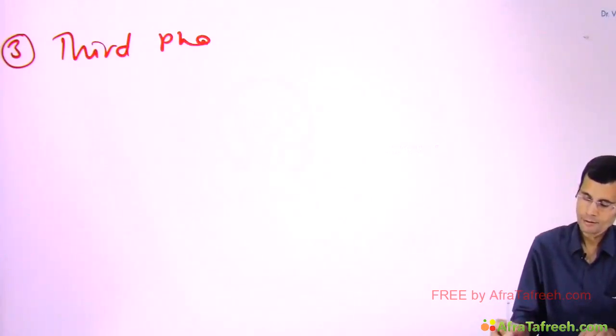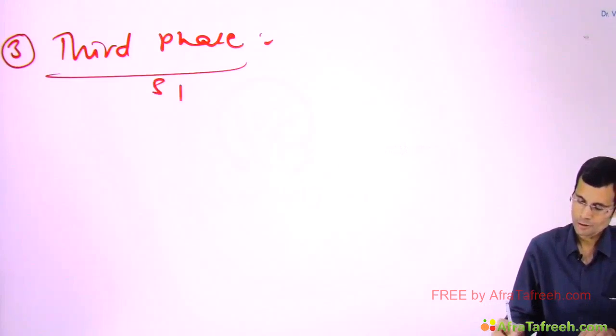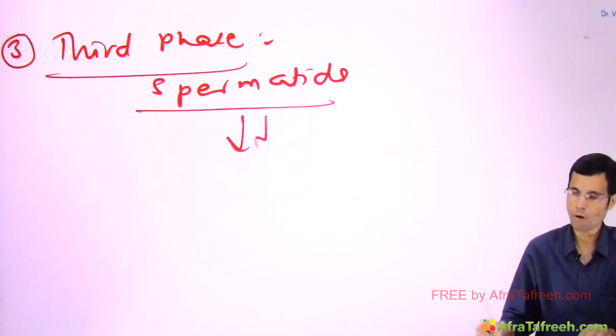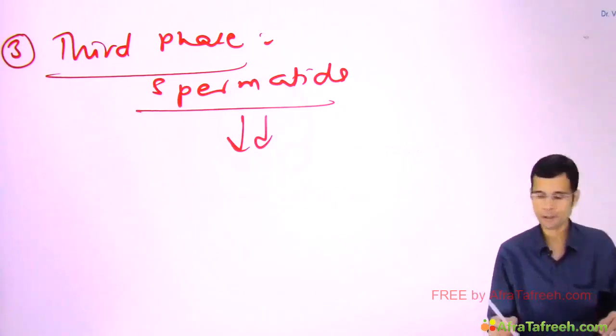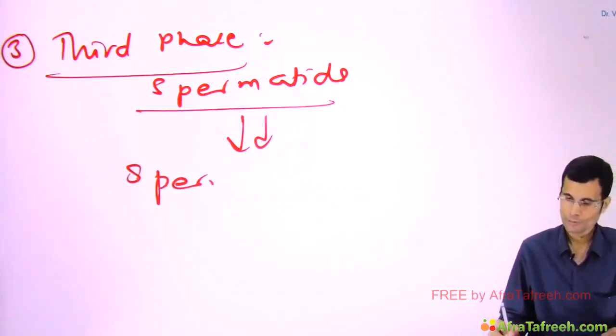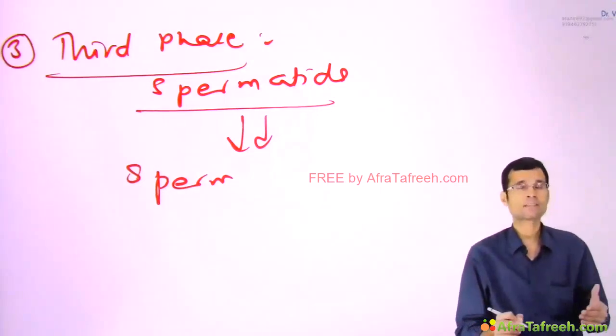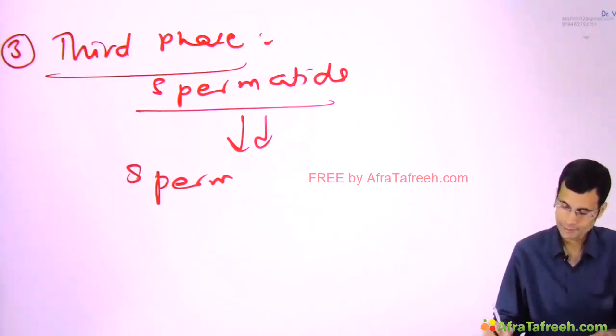And the third phase is where the spermatids will form or mature into the spermatozoa. That final stage is referred to as spermiogenesis.